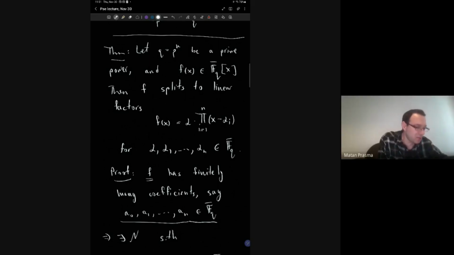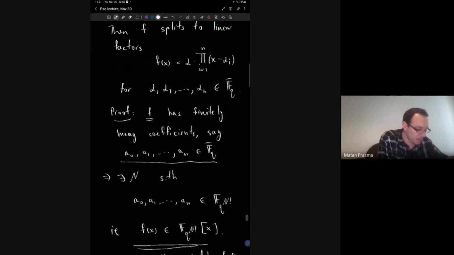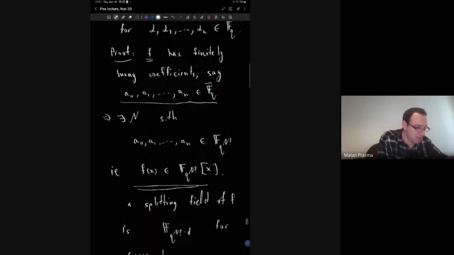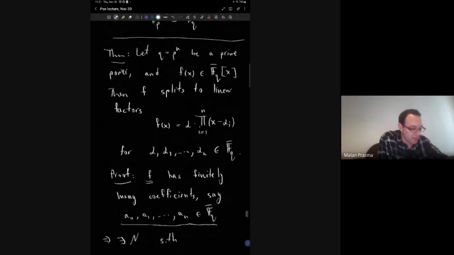Let me try to repeat with slight modifications. Look, the statement is that every polynomial over the algebraic closure splits into linear factors. For us, splits means decomposes into linear factors.